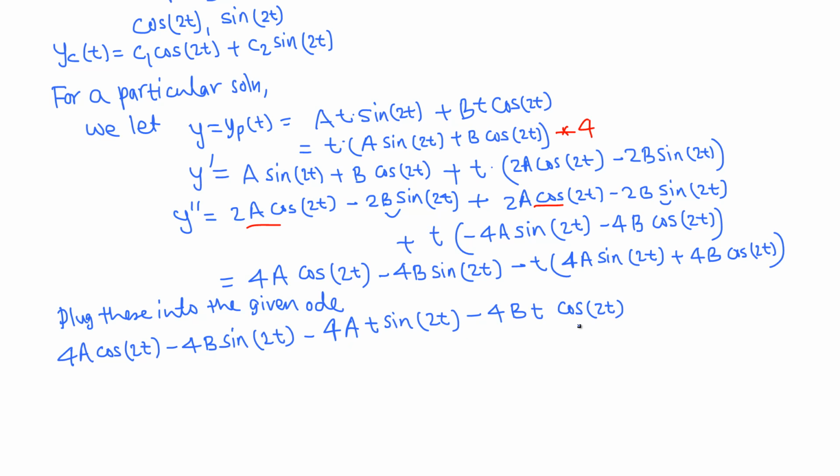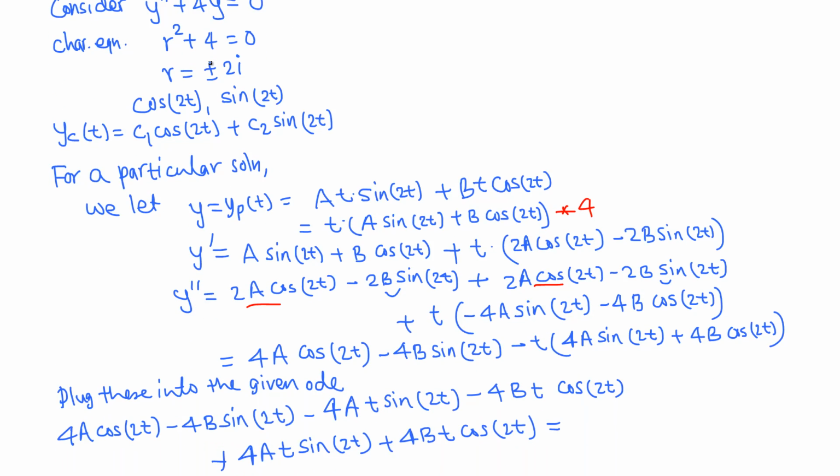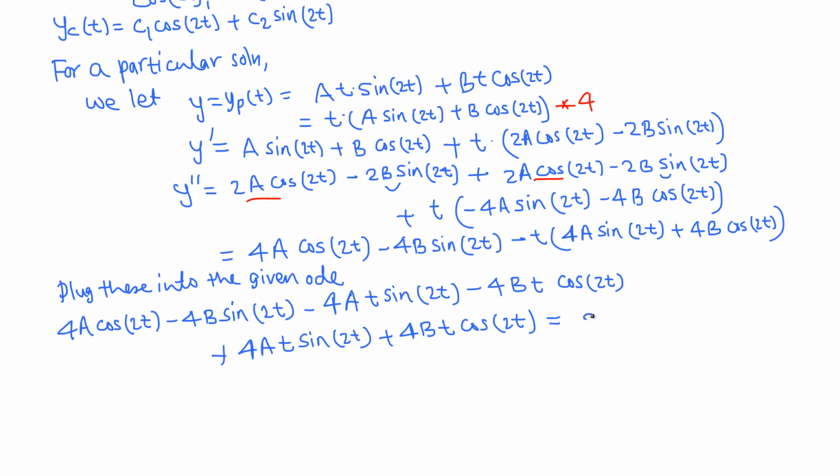Then plus 4y, multiplying by 4 throughout, so 4at sine 2t plus 4bt cosine 2t, and that is equal to the right hand side, which is simply sine 2t.